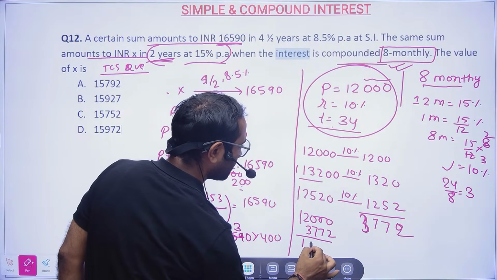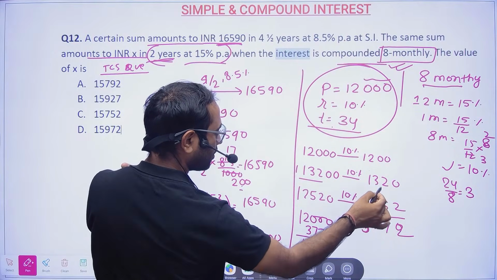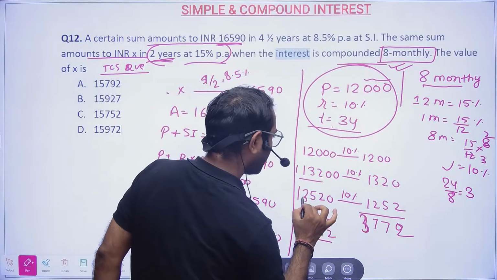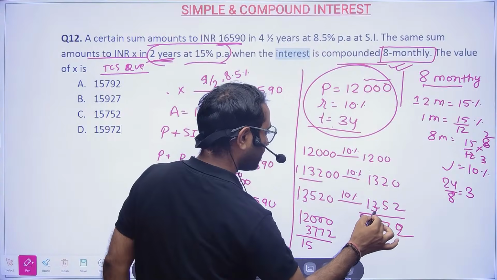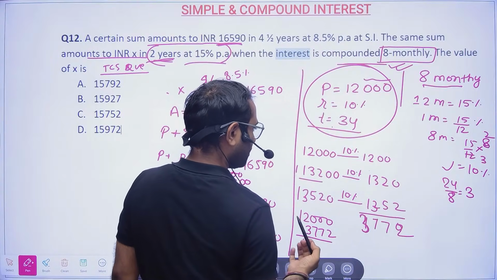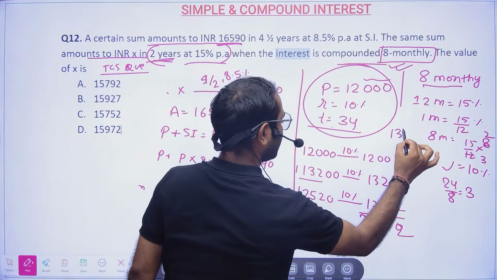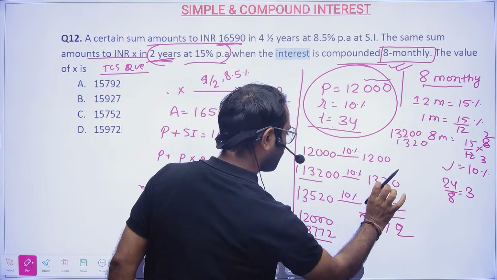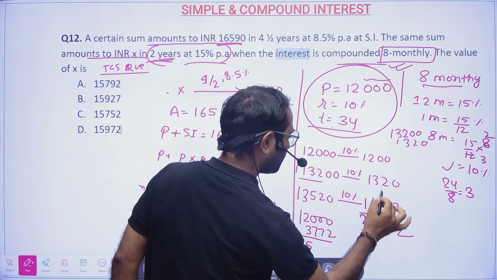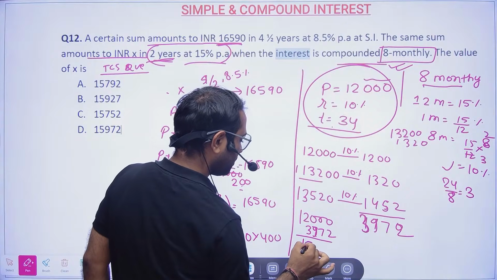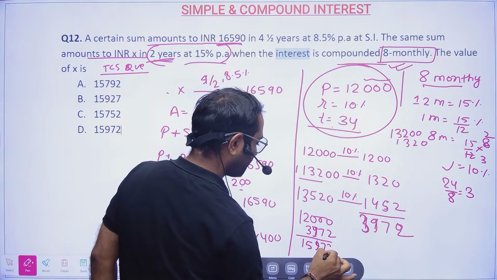That is somewhere wrong, some mistake has happened. Oh no, here it should be 13. So 13, so 33628. Okay, so we have done some mistake here. Just a minute. Plus 1320, so it will be 1452. This will be 3972, so 15972.